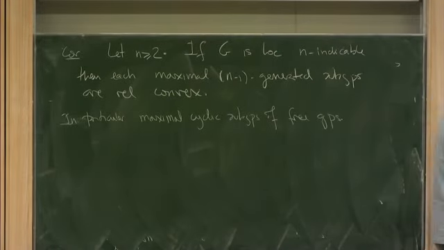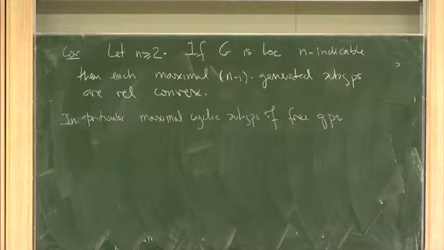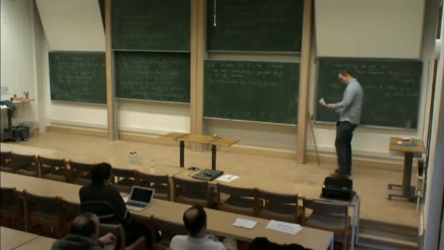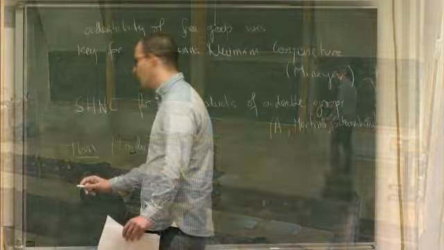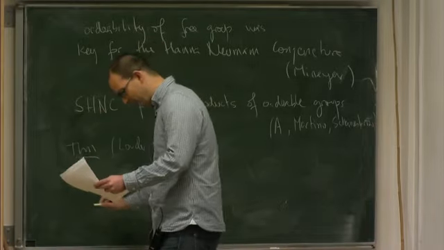And I guess why I'm saying this, because in the same way that you care about the free group being orderable to prove these sort of things, I think that here in their paper, they care about maximal cyclic subgroups being convex in the free group to show the, what is this, the W conjecture? The W cycles conjecture.